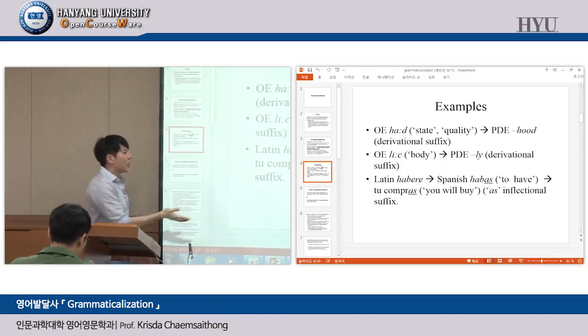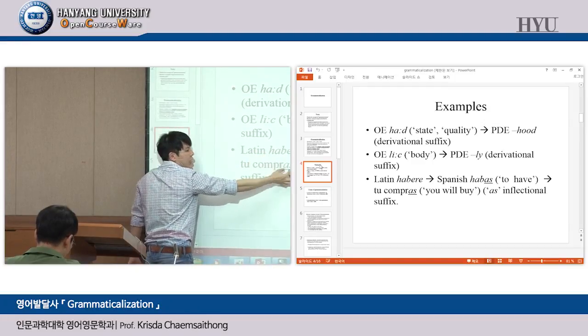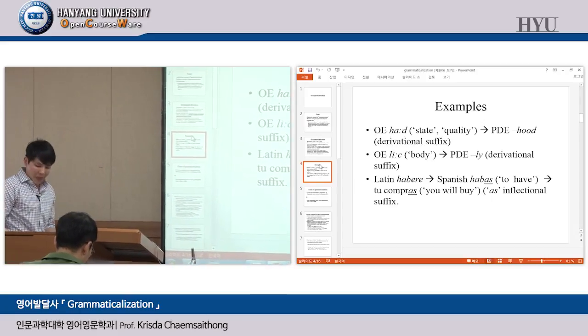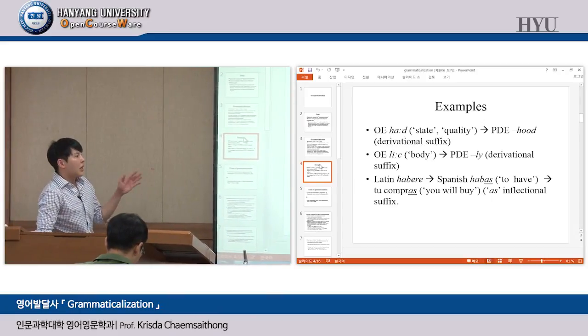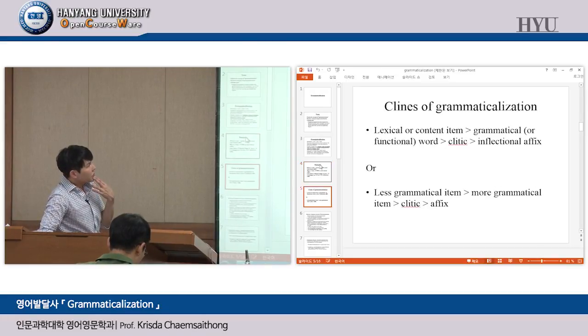Which you cannot tell by looking at the as, right? It has to be used together with a verb to mean I will buy, right? So this kind of thing is grammaticalization.